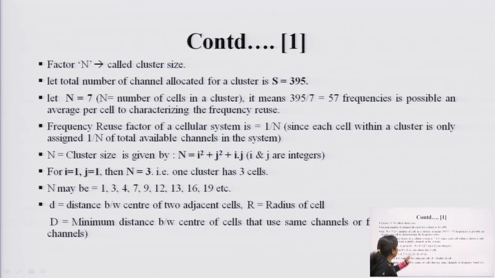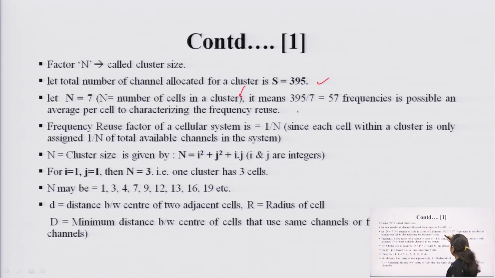Now, you can see that this factor n is called the cluster size. This diagram shows how you have to calculate the capacity. Let the total number of channels allocated for a cluster be S = 395, and let n = 7, where n is the number of cells in a cluster.